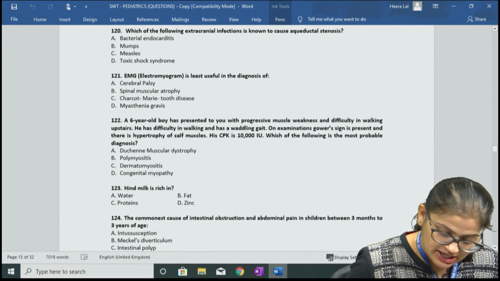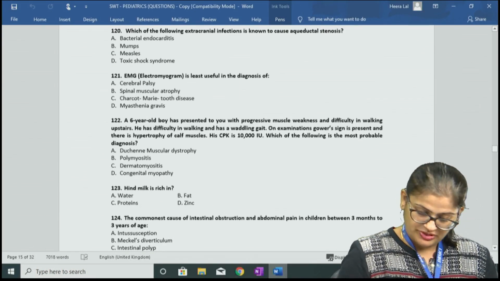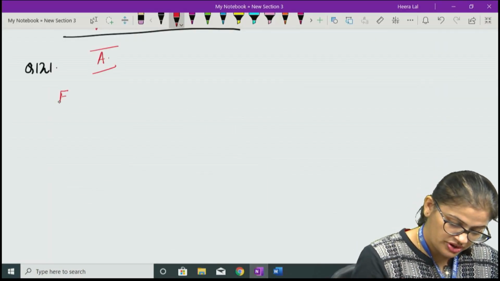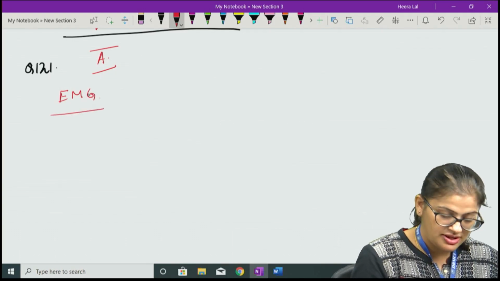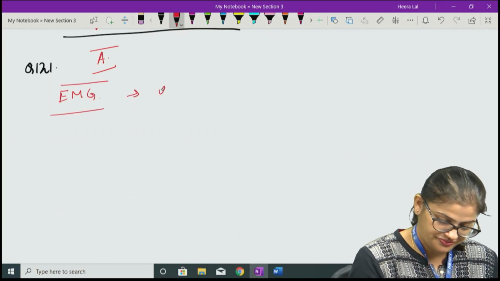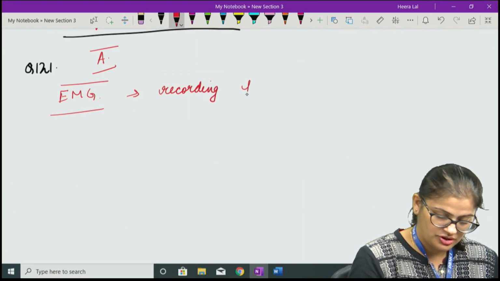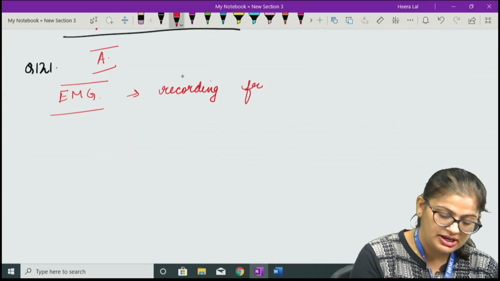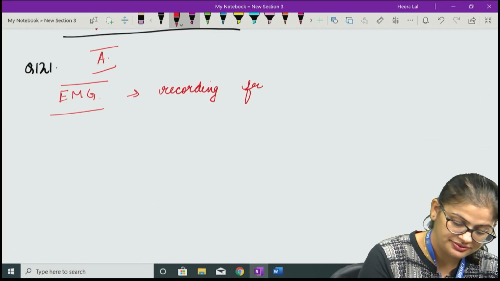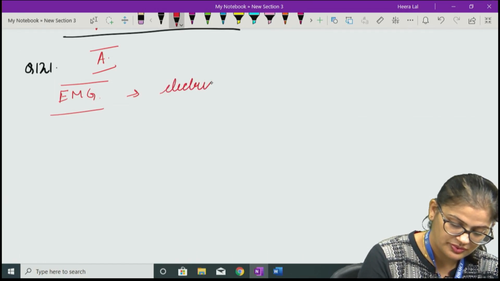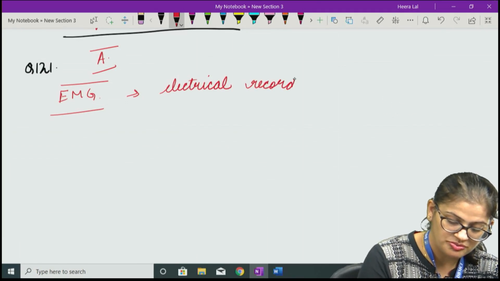So, this was about EMG or the electromyogram, which is the technique of recording from the muscle.